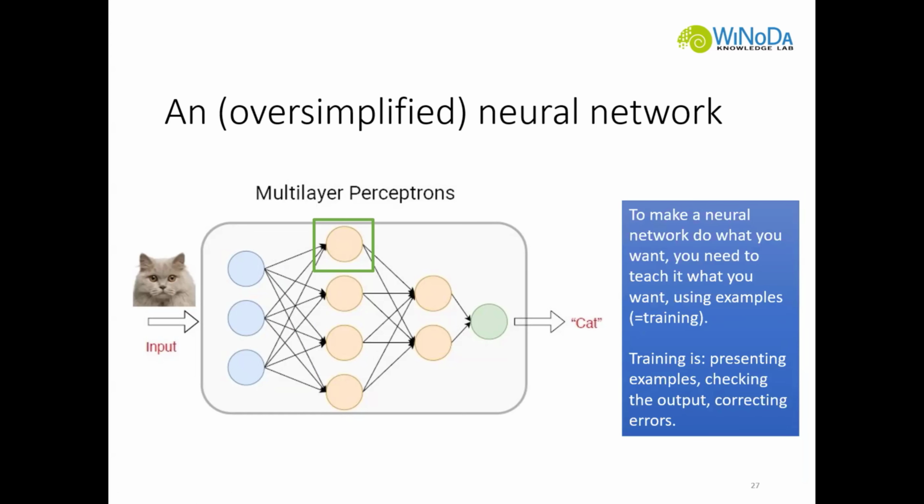Okay. Now, to make a neural network like the one we had earlier do what you actually want, you need to teach it what you want using examples. That's what's called training. So the basic idea here is I can use this general structure of an artificial neural network, and I can use the exact same structure to recognize images of cats or whatever else, to recognize speech.